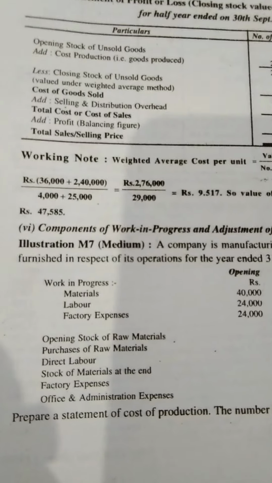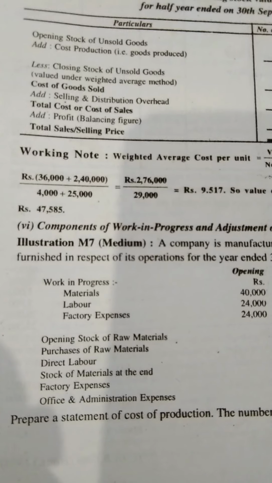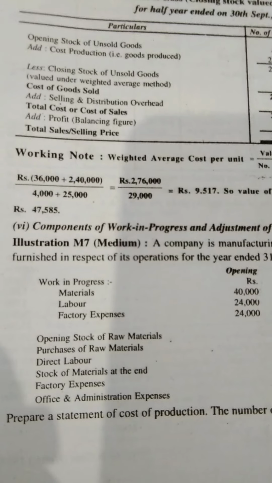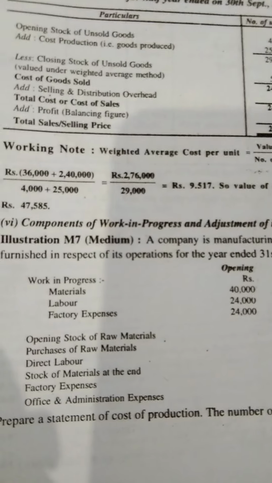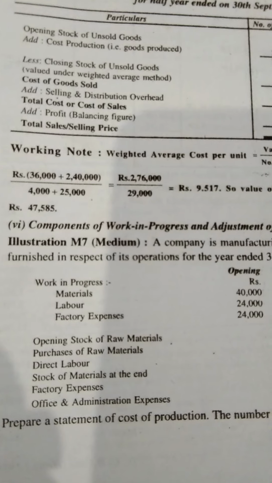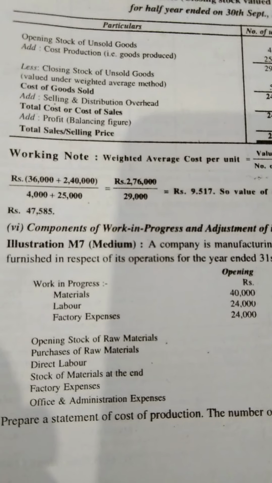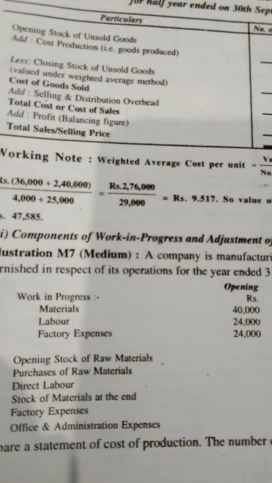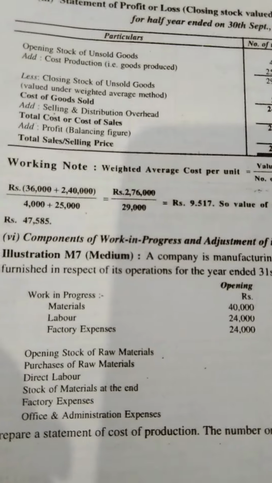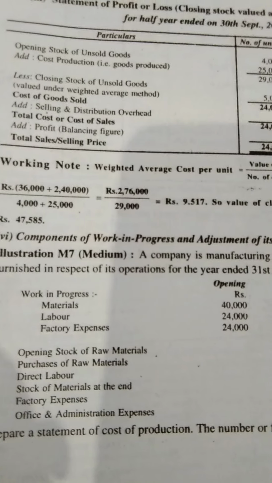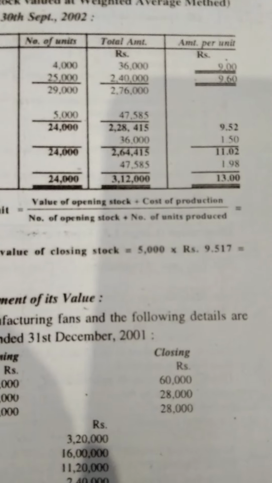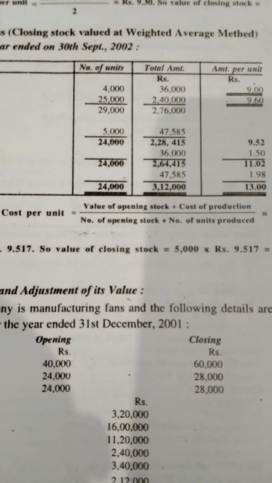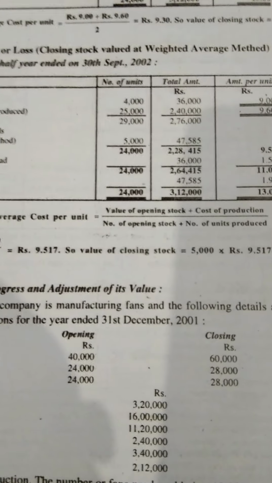Again you should write down the value of opening finished goods plus cost of production divided by opening finished goods units plus production units, then you will arrive at the value of 9.517. Then it is very easy, as the closing stock is 5,000, it should be multiplied by that, and the profit is again a difference. This is one of the most important parts of the cost sheet.